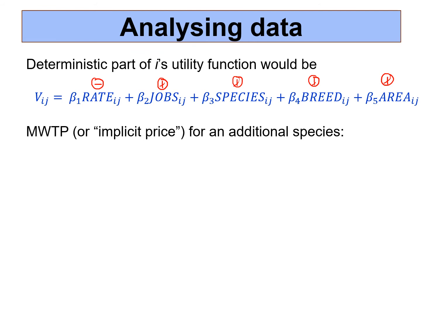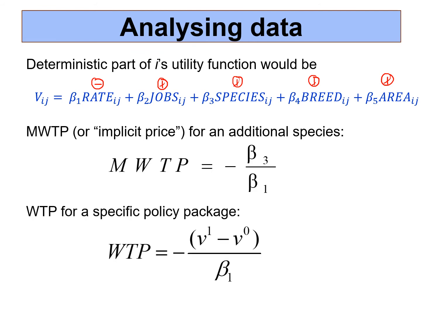Okay, so the marginal willingness to pay, or we call it implicit price, for an additional species. So additional species is beta 3. It will look like this: negative, because your beta 1 is negative, negative beta 3 over beta 1. So beta is our coefficient.